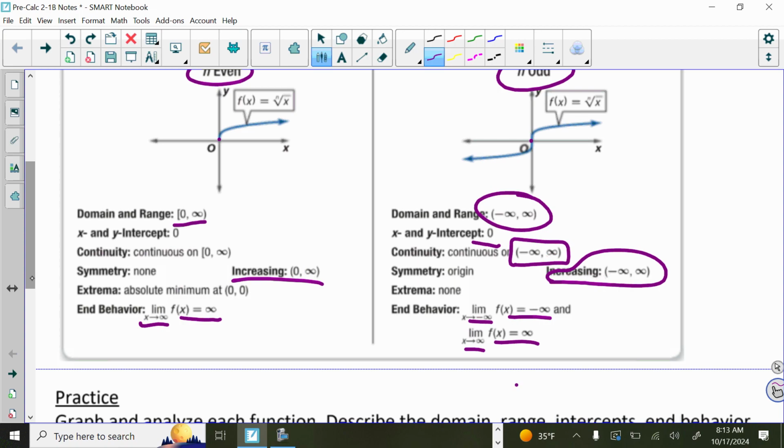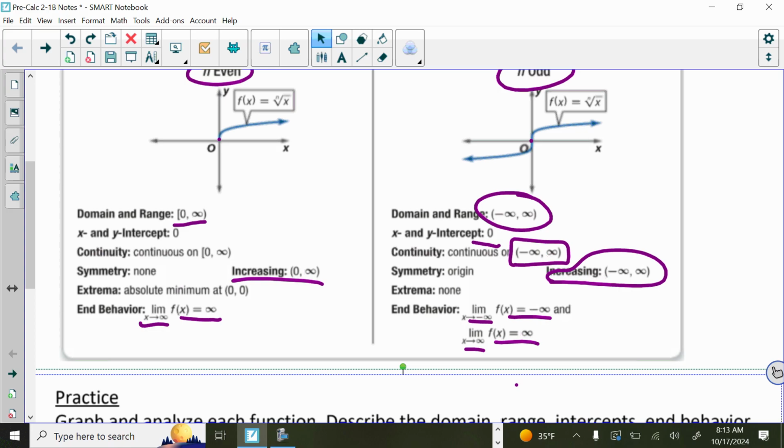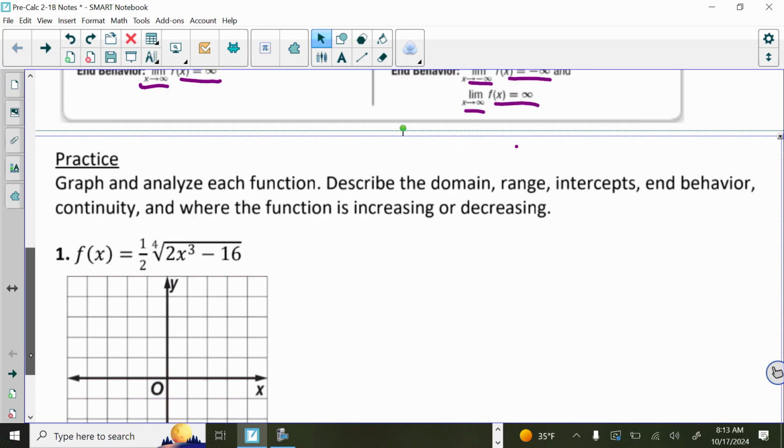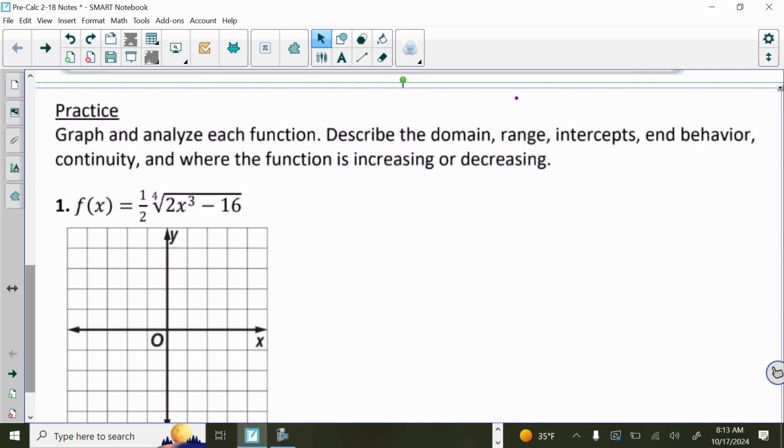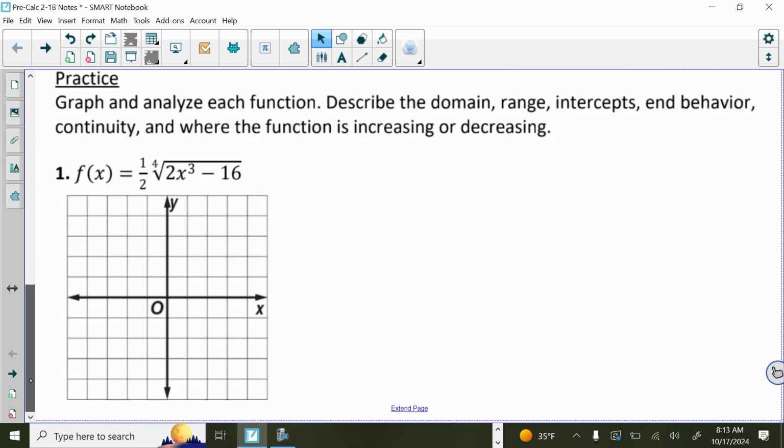Let's practice one and take a look at what we do with that. We will graph and analyze this function and describe all of this.